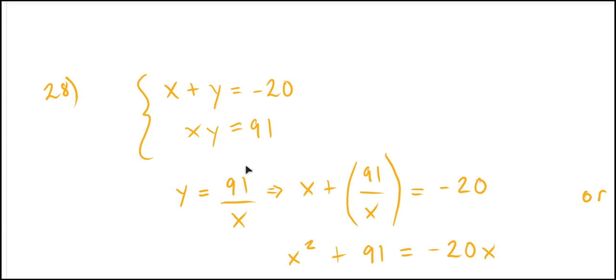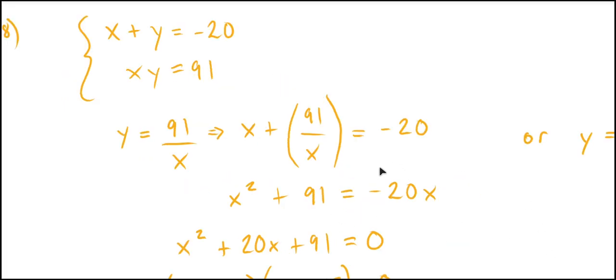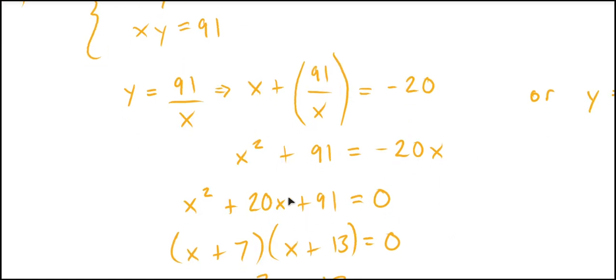Well, we could solve for y in the second equation, substitute that in for y in the first equation, and how do we solve something that looks like this rational equation? Well, we have to clear denominators, which means multiplying through by x. Then we want to factor this polynomial, which would have a similar question to the one that we were just looking at. What things multiply to be 91 and yet add up to be negative 20?